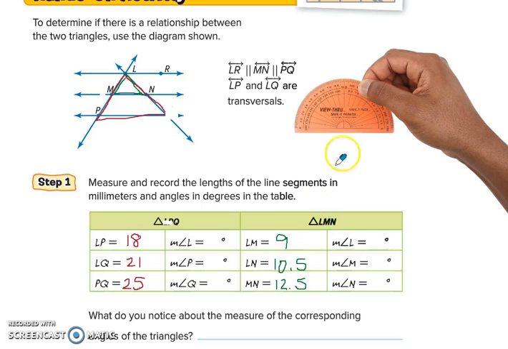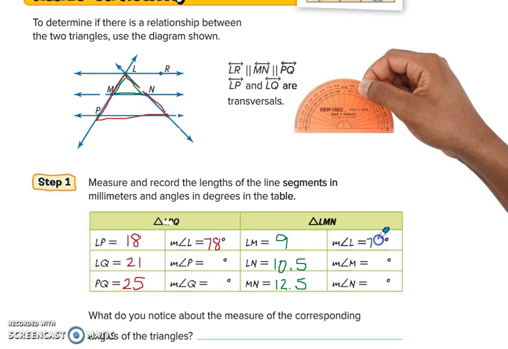Now let's look at the angle measures. The measure of angle L at the very top point is 78 degrees, and that's the angle that's shared in both triangles. So it's 78 degrees for the measure of angle L in the big triangle and in the small triangle.